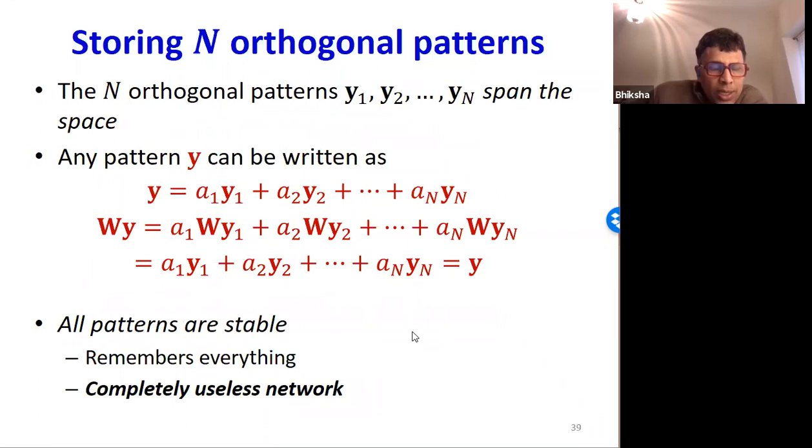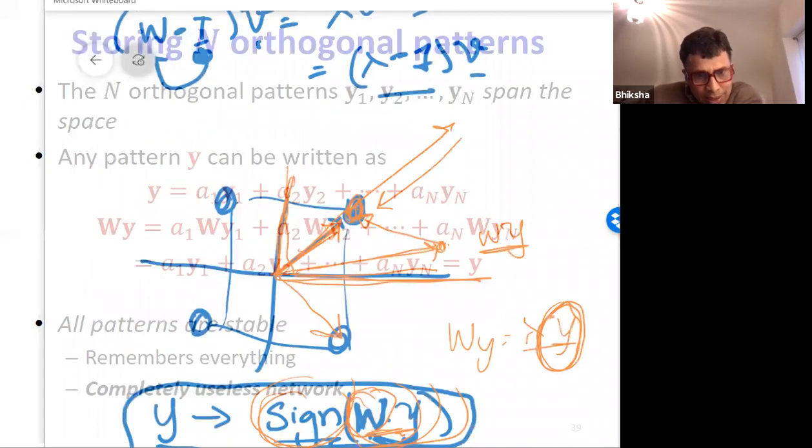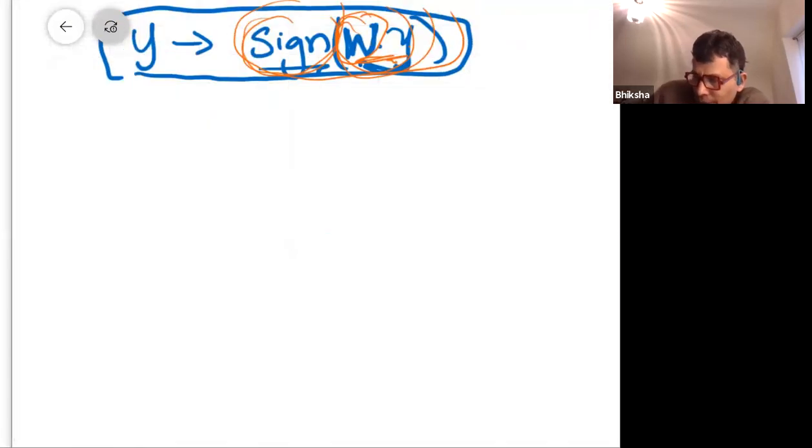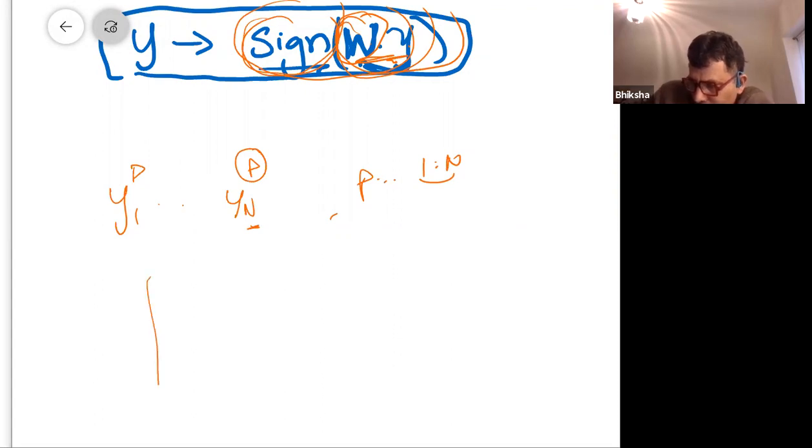So here's what happens. Consider the extreme case where you're trying to store n patterns, p going from 1 to n. These are n-bit patterns, and I'm trying to store n of these. These n patterns are going to represent all n eigenvectors of my weight matrix.